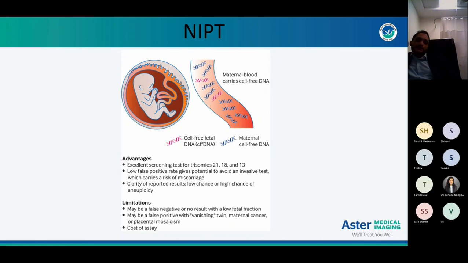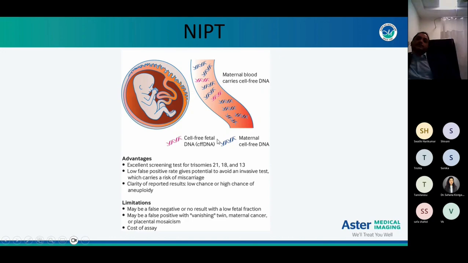We are talking about those fragments of DNA here. And most of the blood of the mother contains the maternal cell-free DNA and only a small amount of fetal cell-free DNA. Now, this is amplified, and then the analysis is done in the lab.